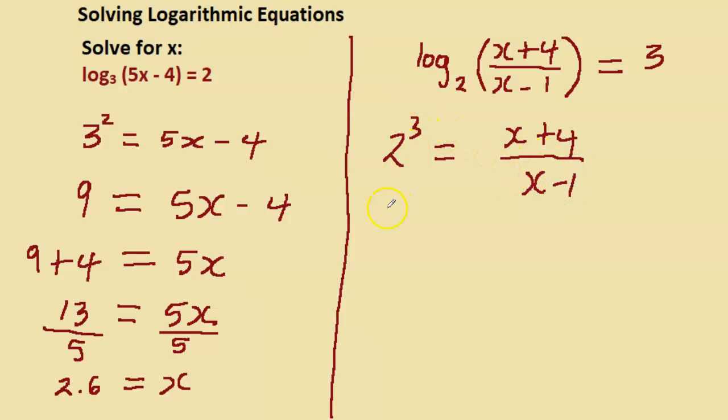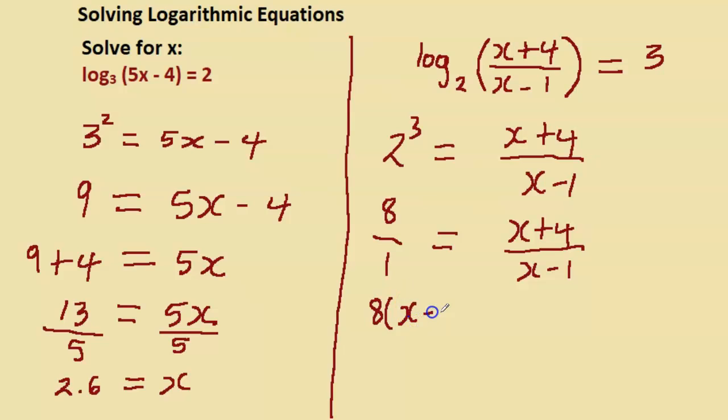Now 2 to the power of 3, that's 8. So 8 over 1 is equal to x plus 4 over x minus 1. So of course we can times both sides by x minus 1. So x minus 1 times the left hand side, and x minus 1 times the right hand side. You'll be left with just x plus 4.